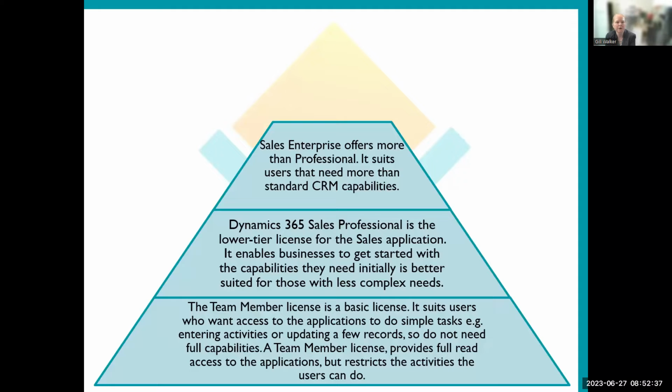And we're now moving really beyond what a lot of people would think of as CRM capabilities. Enterprise is the mid-tier license, and it gives you a lot more customization than professional. And it also gives you some pretty sexy features in the embedded intelligence, forecasting, and a number of other features. And I'm going to run through some of these in the rest of this morning.